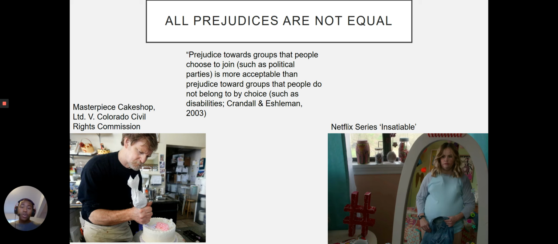Okay. The question really becomes from that study is, what do you believe? So people who believe that being overweight or gay is a choice rather than biological factors feel more justified in their prejudiced attitudes. They think it's okay to be prejudiced towards those people because they're choosing to be part of that group. Whereas they might argue that it's not okay to be prejudiced against people who are not choosing to be part of a certain group.